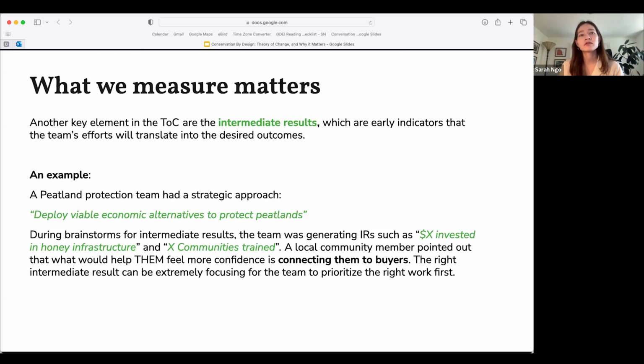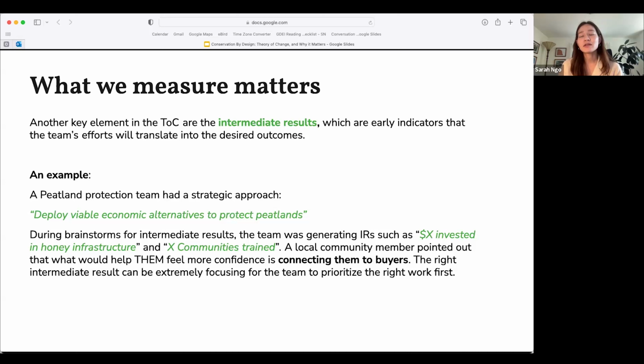During brainstorms for the intermediate results for this strategic approach, the team was generating a bunch of different IRs, including some like, how much money have we invested in honey infrastructure? Or how many communities have we trained on this new economic income alternative?